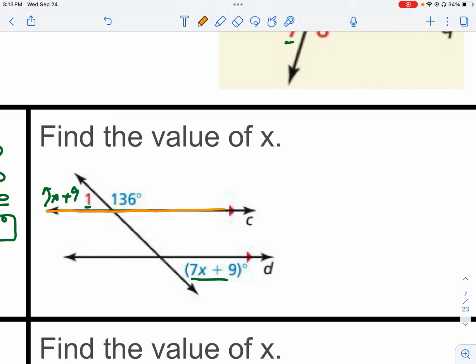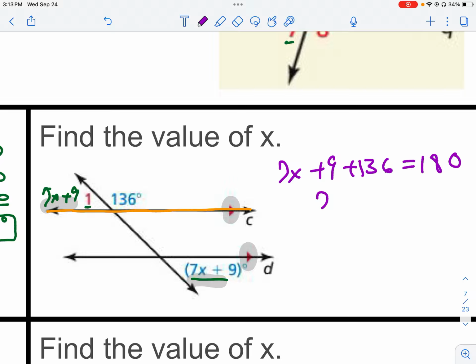These two here are a linear pair, so they're supplementary. We know we got parallel lines, so this is true. So once again, 7x plus 9 plus 136 equals 180.